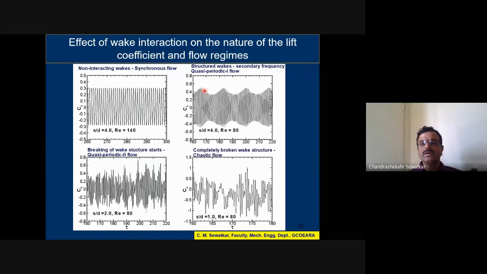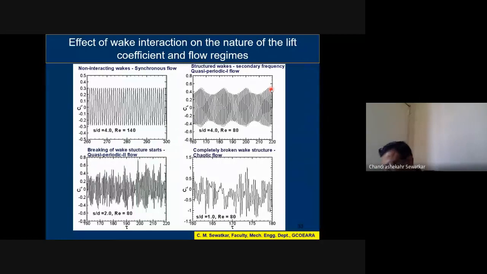The time period is changing, but it is changing hardly within 10%. However, if I take the time period of the secondary frequency, this time period is not changing for consecutive cycles.